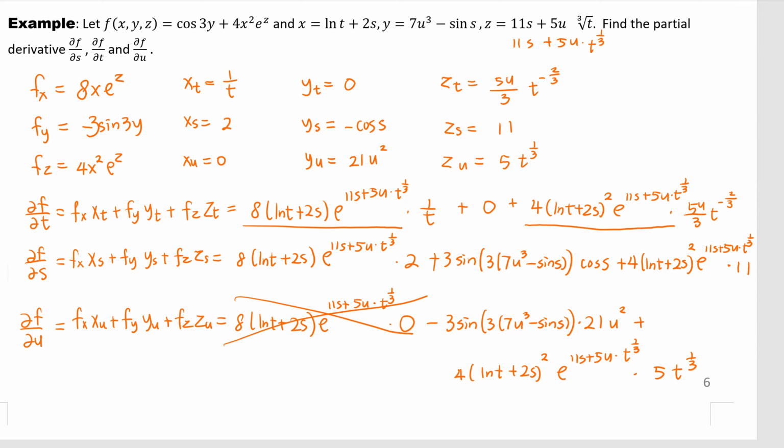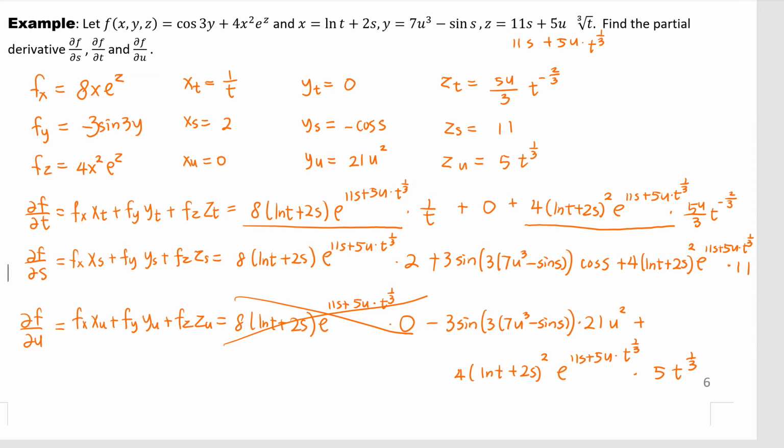It's quite long, but it's not very hard, right? Each term is a very simple differentiation, but you need to organize them in a good way so you don't miss some terms. Do it slowly. Calm down, be patient.